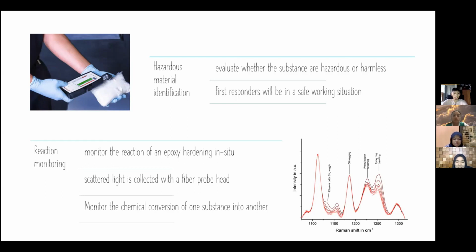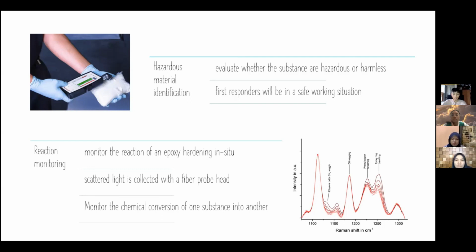The next application is reaction monitoring. Monitor the reaction of an epoxy hardening in situ, which means for chemical and pharmaceutical production, they can save money and time, because Raman spectroscopy is thermal and chemical resistant.